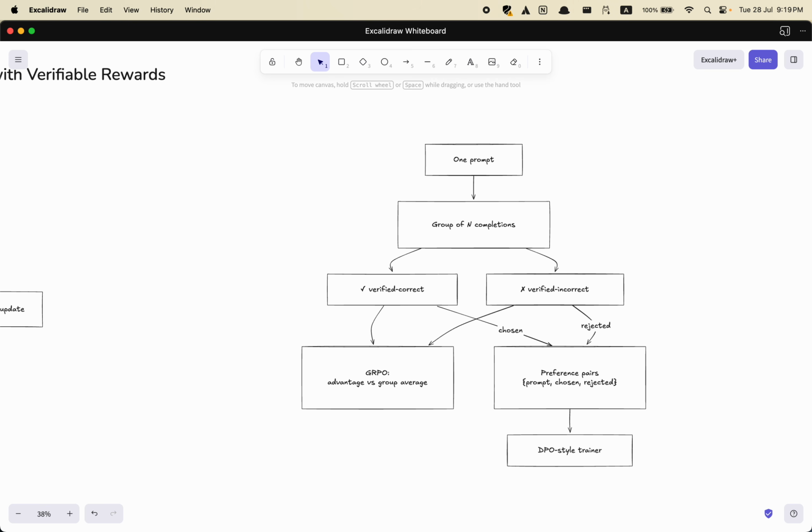GRPO was talked about in the last session, and it means Group Relative Policy Optimization. It's essentially a reinforcement learning algorithm that nudges the model weights to make a high reward answer more likely.